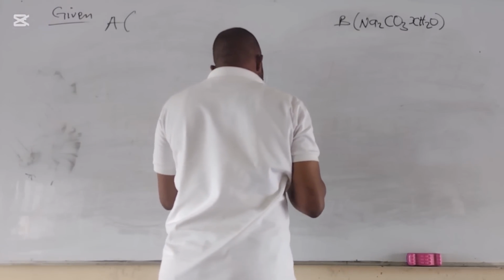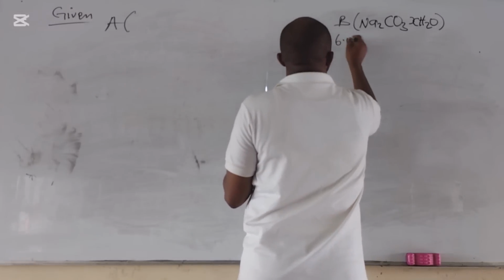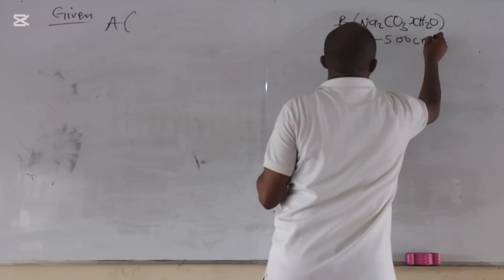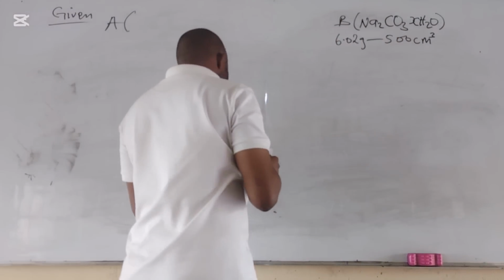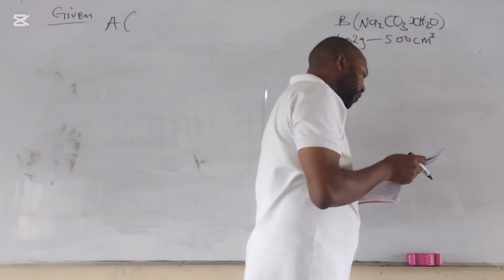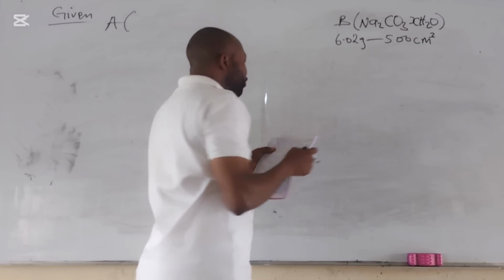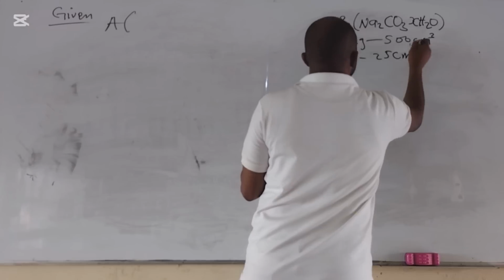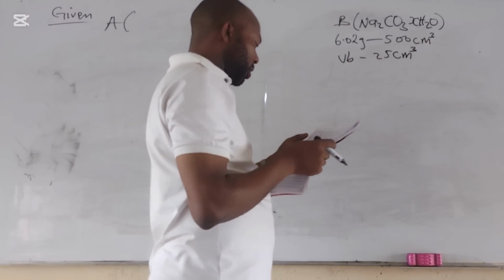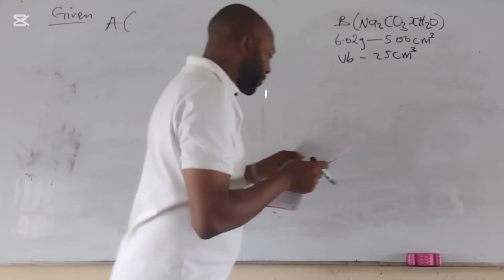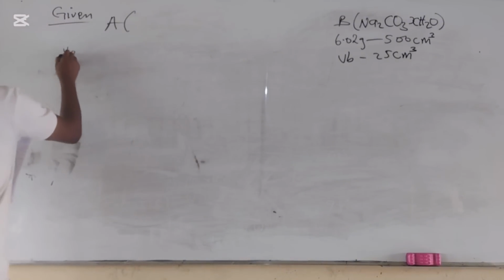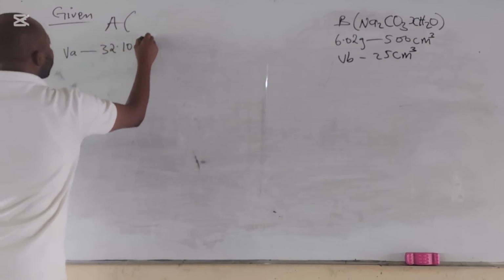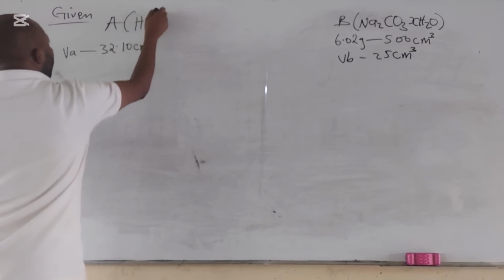And for that we have 6.02 grams in 500 cm³. 25 cm³ of this sodium trioxocarbonate(IV), the volume of the base, is always 25 cm³, requires 32.10 cm³ of A, the acid, and A is HCl.